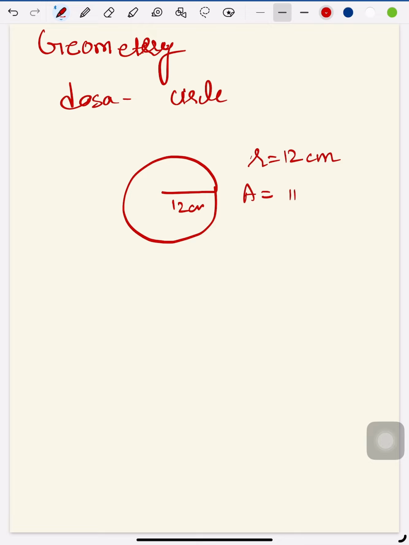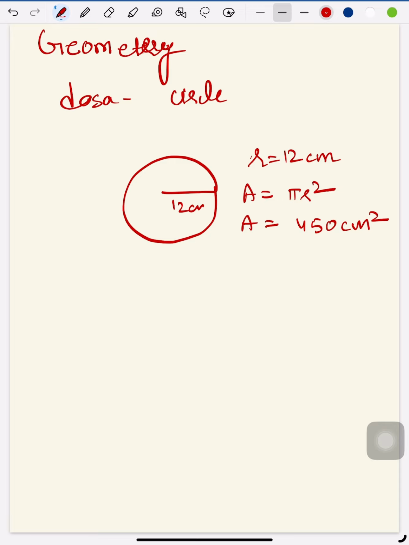So this is 12 centimeter. So you can find out the area. If the radius is 12 centimeter, you can find out the area, which is pi r square. So area should be almost 450 centimeter square. So that's about 4 centimeter of deliciousness that you can get.